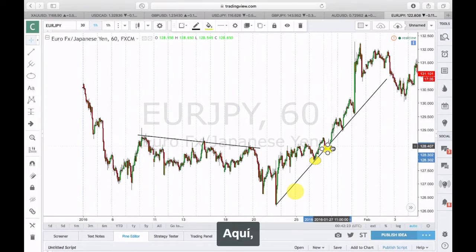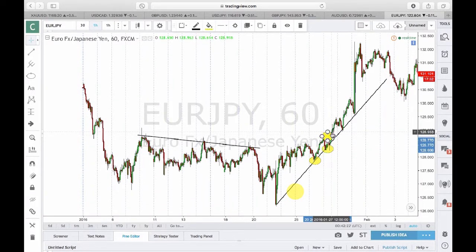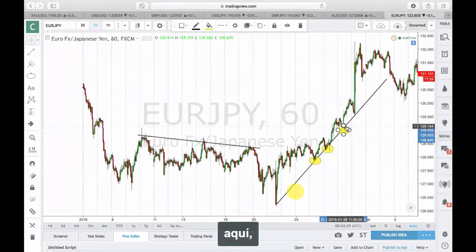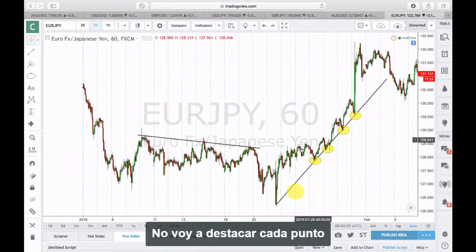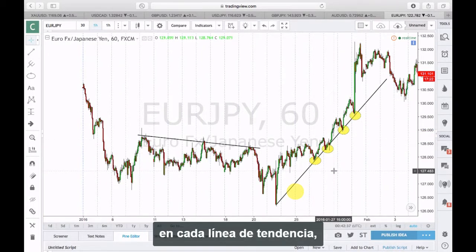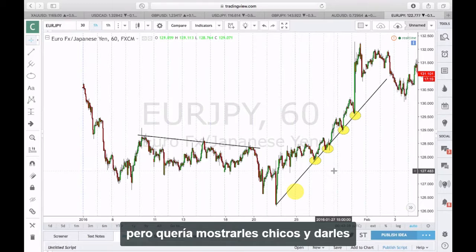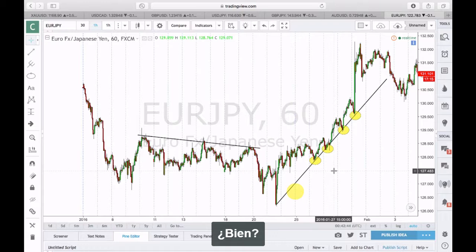Here. Here. And here. I'm not going to highlight every single point on every single trend line, but I wanted to give you guys a more detailed visual reference, right?